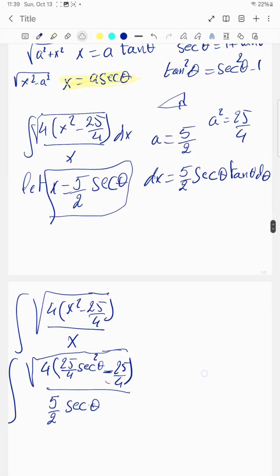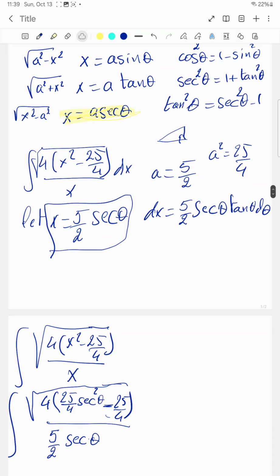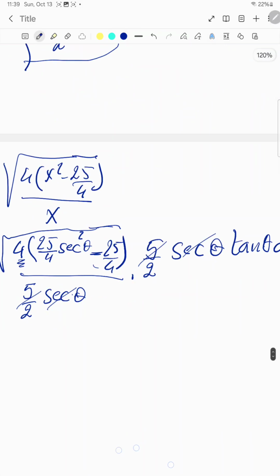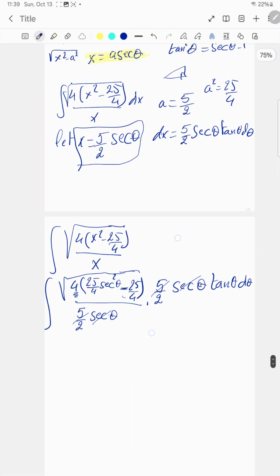And my dx, we said, is 5 over 2 sec theta tan theta d theta. So this is multiplied by 5 over 2 sec theta tan theta d theta. If I look at this, 5 over 2 and 5 over 2, I can simplify, and sec theta and sec theta, I can simplify, and I can take the 4 outside my integral.